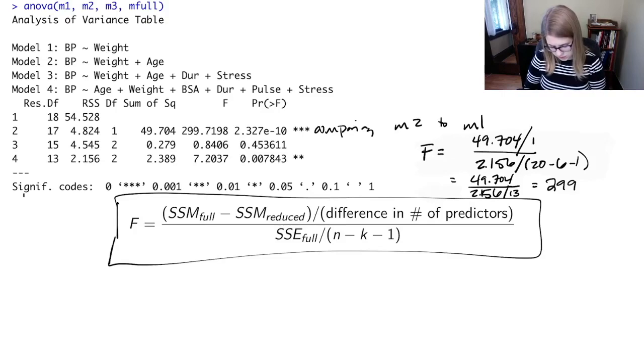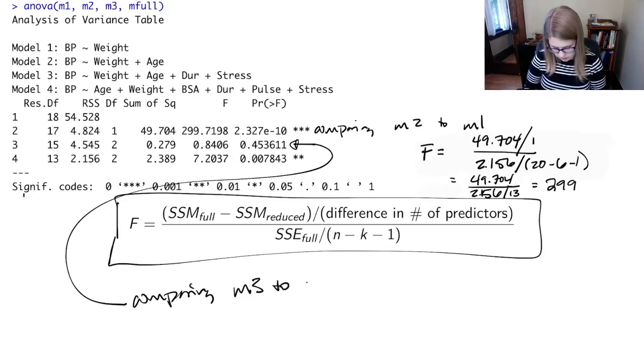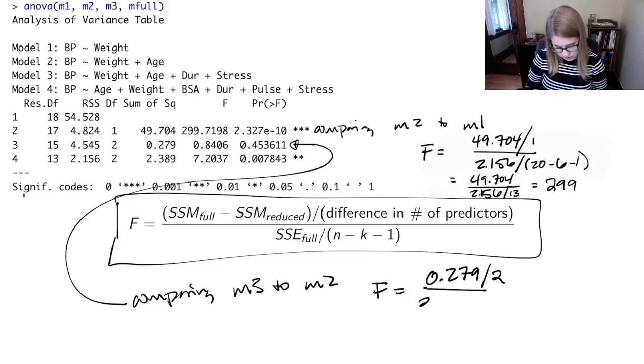We could also do the comparison here. So let me just move this down. This is comparing M3 to M2. And for that one, the F would be 0.279 divided by 2 over 2.156 divided by 13.